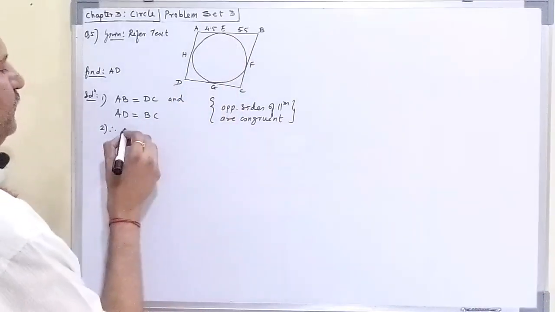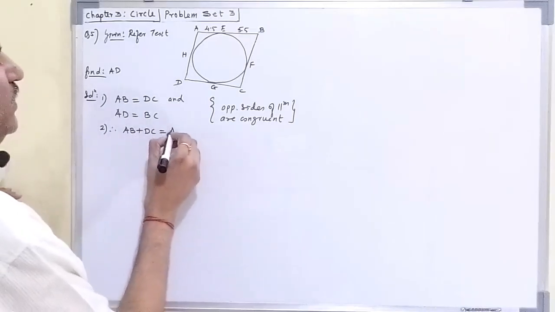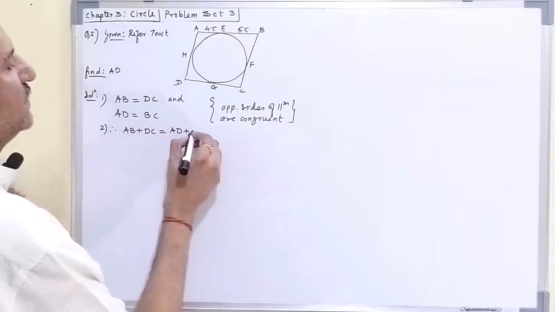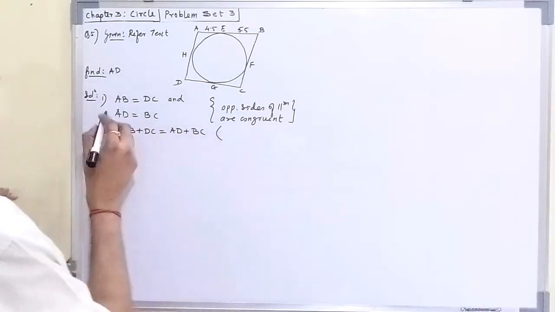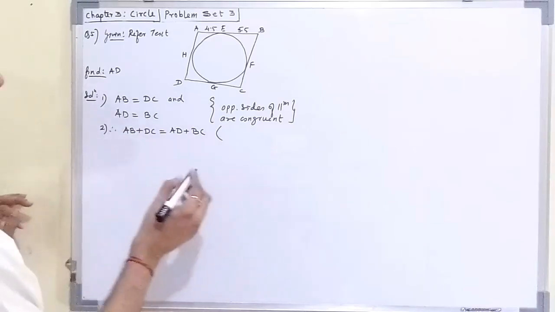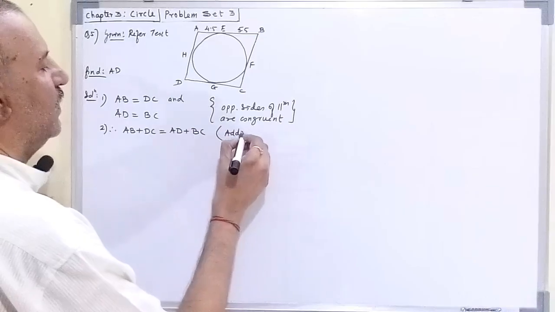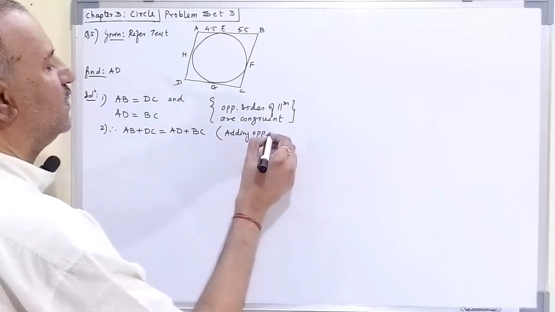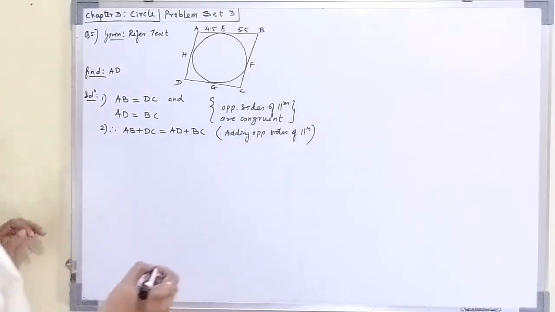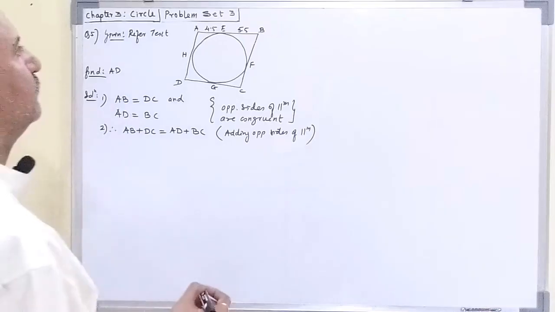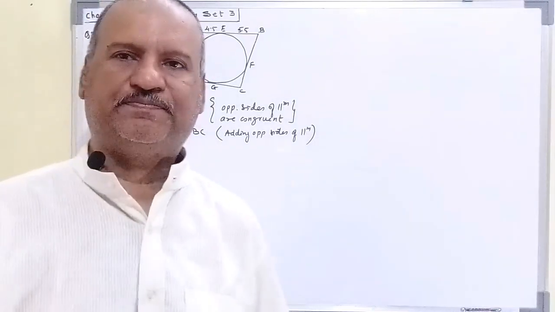Therefore, इन दोनों को ऐड करो. Therefore, AB plus DC equal to AD plus BC. Adding opposite sides of parallelogram. Opposite sides of parallelogram are congruent.